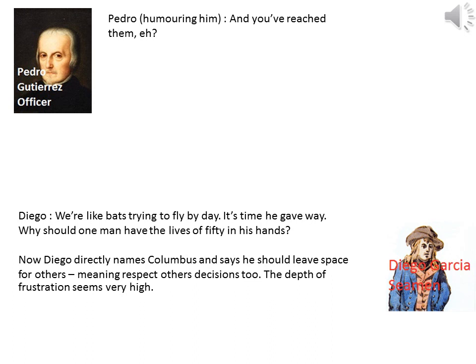Why should one man have the lives of fifty in his hands? So he is saying there are fifty members on the crew on board the Santa Maria, but why should only Columbus decide about the continuation of the journey? Why should we not go back? This kind of very intense frustration is seen with Mr. Diego Garcia.